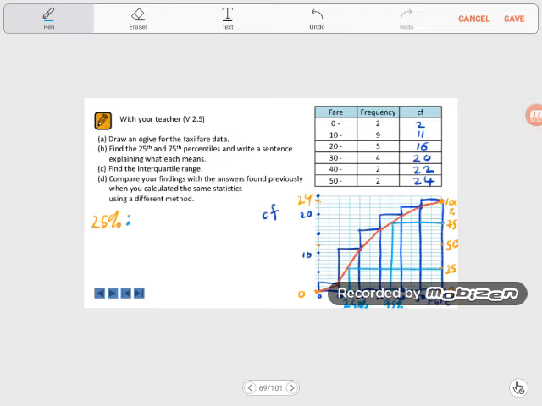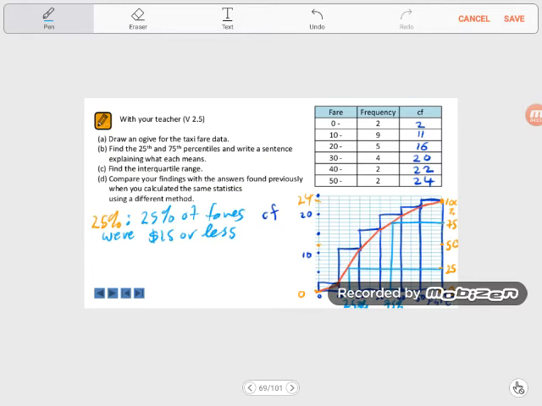And this means that 25% of the fares were $15 or less. So 75% hits right between 30 and 40.